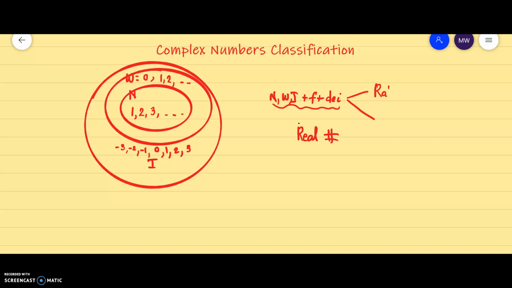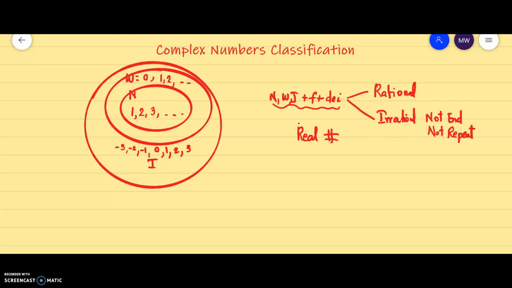They can be called rational or irrational numbers. And we know that irrational numbers are decimals which do not end and do not repeat.